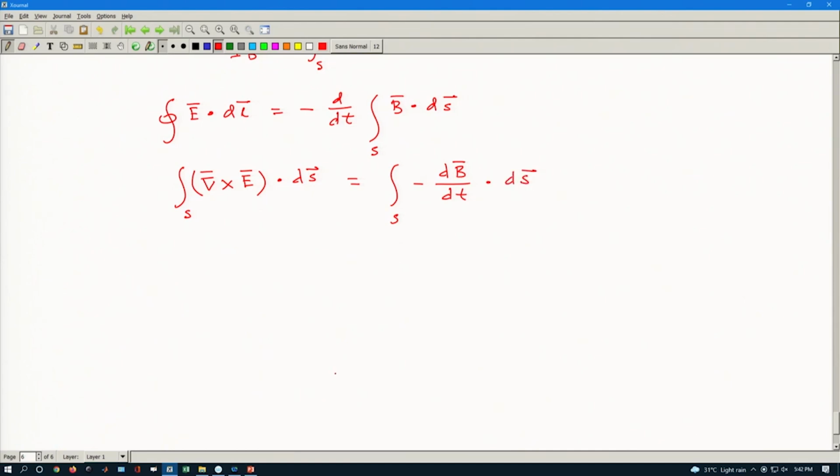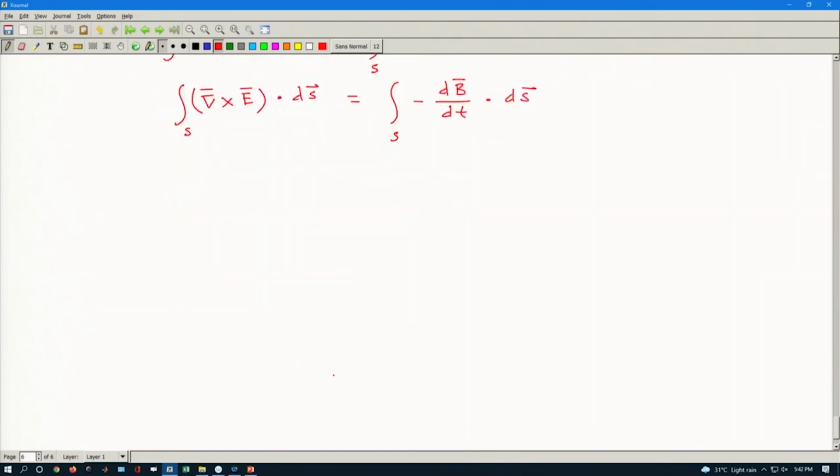So, this is true for any kind of surface, any kind of loop.